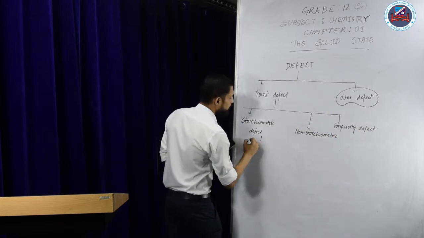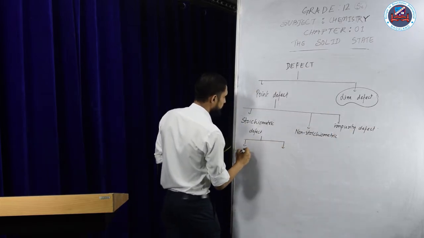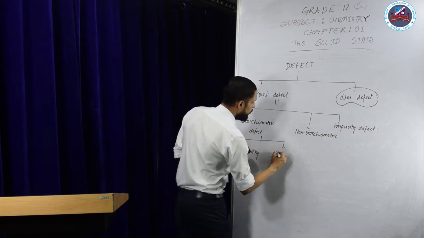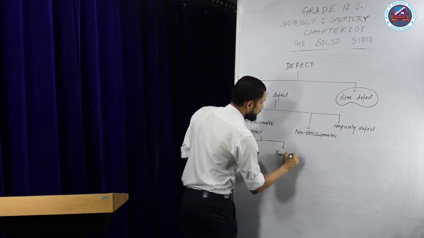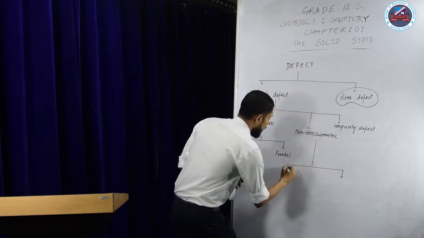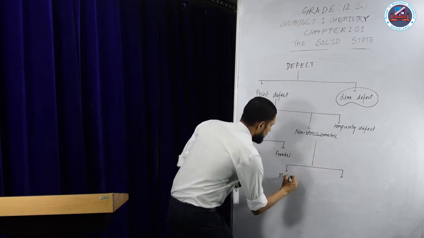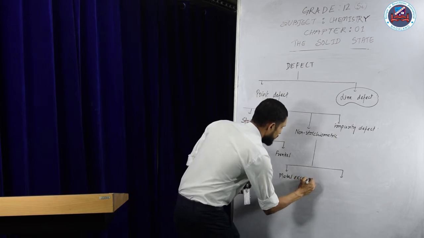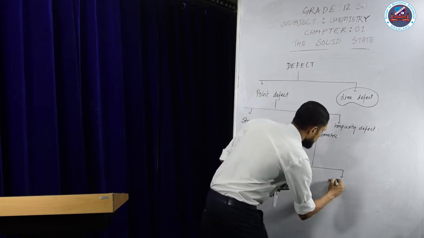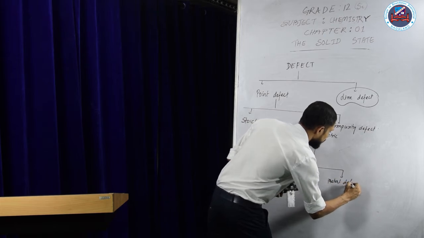Stoichiometric defects are further classified into two types, Schottky defect and Frenkel defect. Non-stoichiometric defects are again classified into two types, that is metal excess defect and metal deficiency defect.